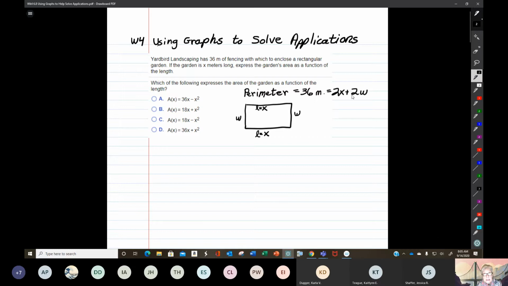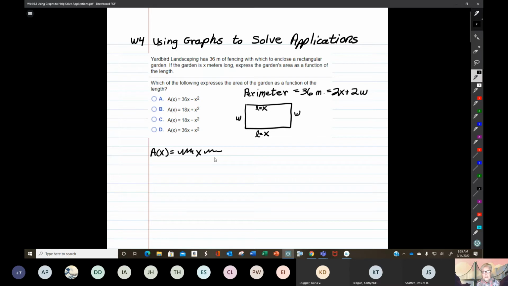So you would do this if you were given the perimeter, and now you're going to be asked to find the area. And we were told that the area is a function of length. And what that means is you're going to have A of x over here, and then somewhere over here, you're going to have an x, or more than one x.